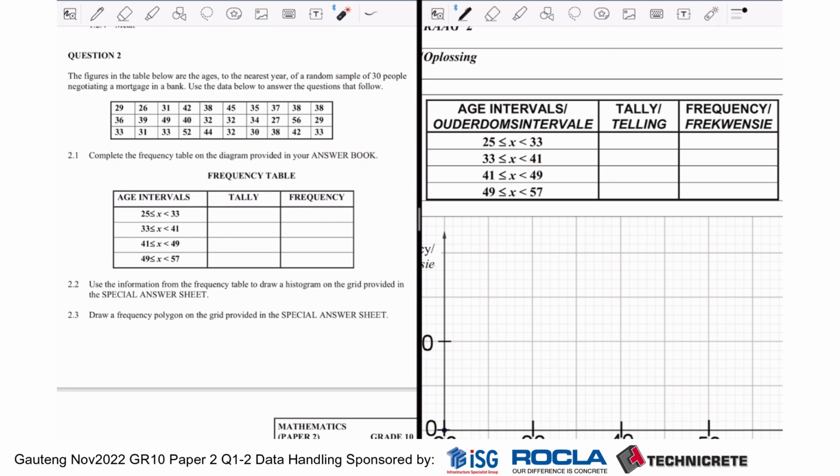So for the first ones, I'm going to count all of the people who are 25 and no older than 32. So that's 1, 2, 3, 4, 5, 6, 7, 8, 9, and 10. So this is 10.